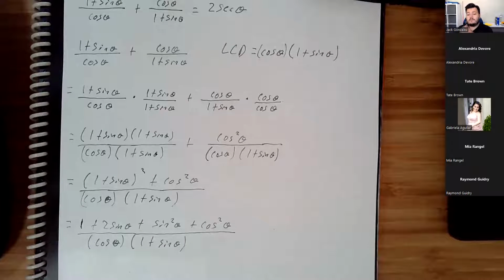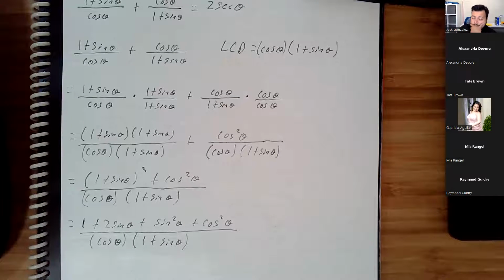Okay, so here we are. So all I have done is added 2 fractions. Haven't used any identities yet. So now that we've added them, what identity would you use? Or do you see something that you can do here?